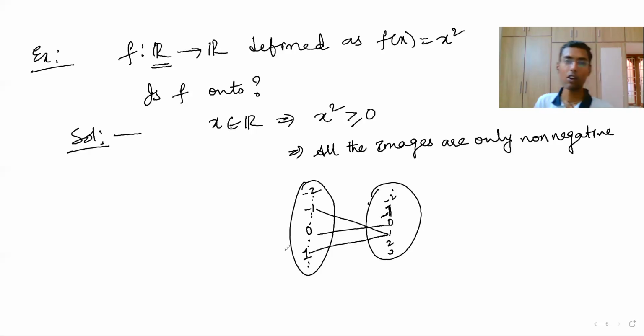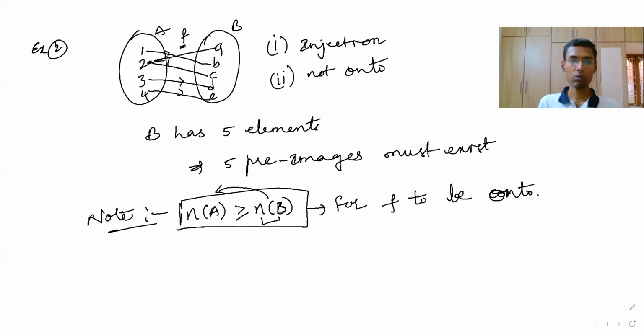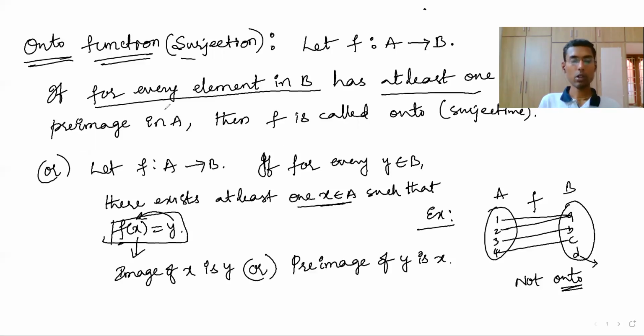So here I'm going to write the definition another way. Onto function: f is a function from A to B. For every element in B, there is at least one pre-image in A. We wrote the same thing like this, but I'm going to add one thing.